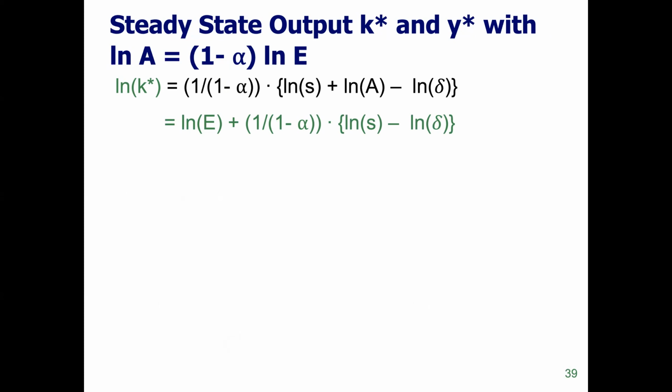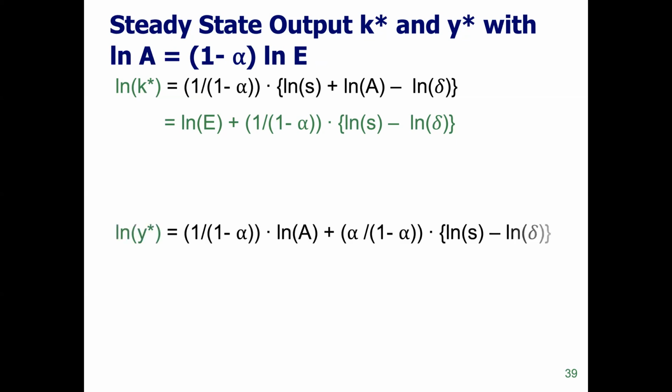And this shows you another reason why talking about things in terms of labor augmenting technology is convenient, because now the steady state capital stock goes up 1 for 1 with labor augmenting technology. And the rest of the stuff involving the saving rate and depreciation is really unchanged from before.